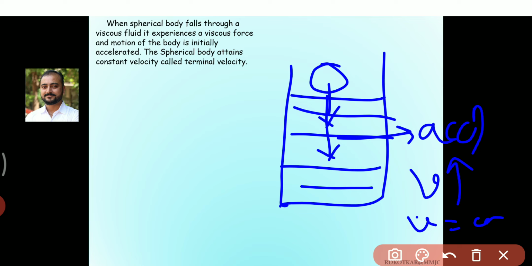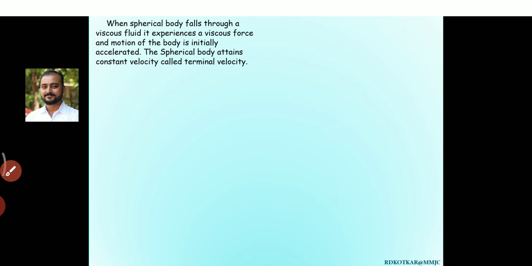That constant velocity attained by the spherical body is called terminal velocity. Understood? Simple. Initially the body shows acceleration, and after that it shows constant velocity, which is called terminal velocity. Why this terminal velocity is produced, we have to study in the next steps.